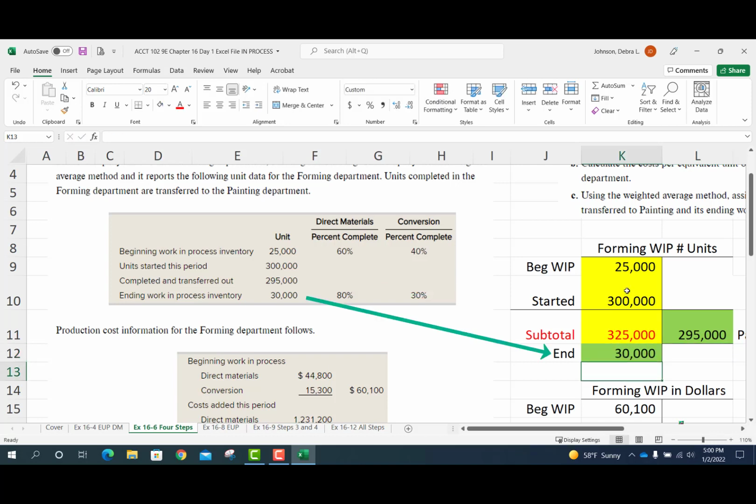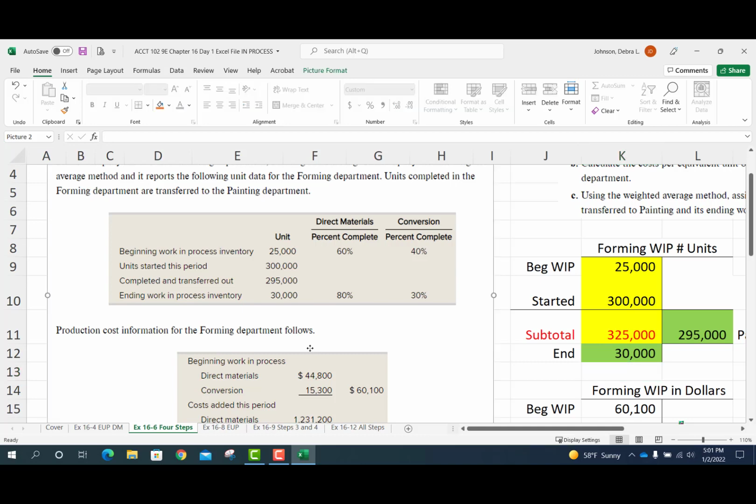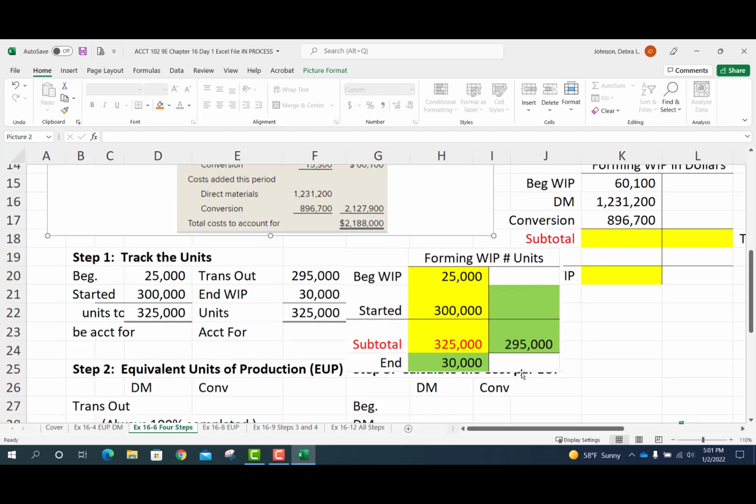Why? Because the yellow units to be accounted for have to match the disposition of the units either to finished goods or possibly to another department or an ending WIP. Let me officially show you what step 1 would look like by taking that T account side by side and tracking the units.